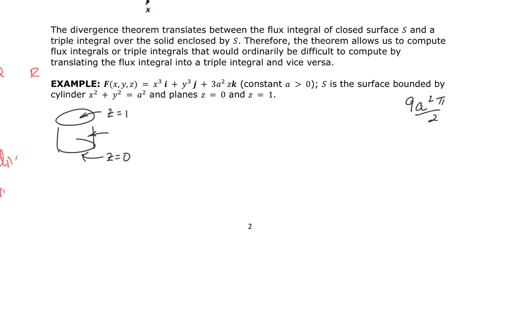So I know that the surface integral, I have the first surface, surface 1, of f dotted with dS, plus surface 2 of f dotted with dS, plus the third surface, surface 3, of f dotted with dS.